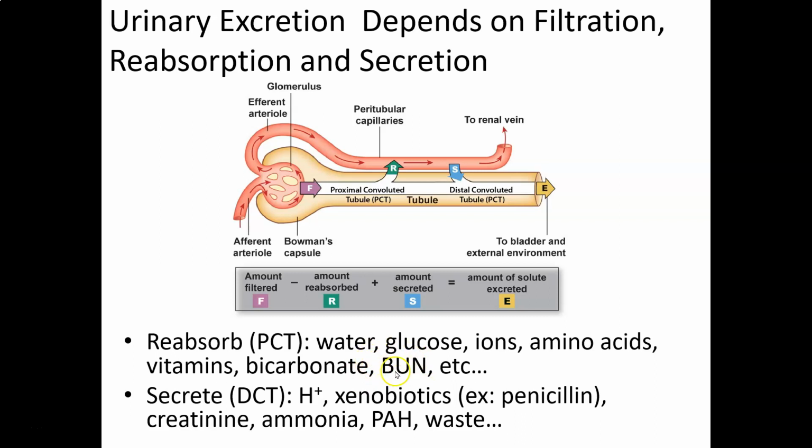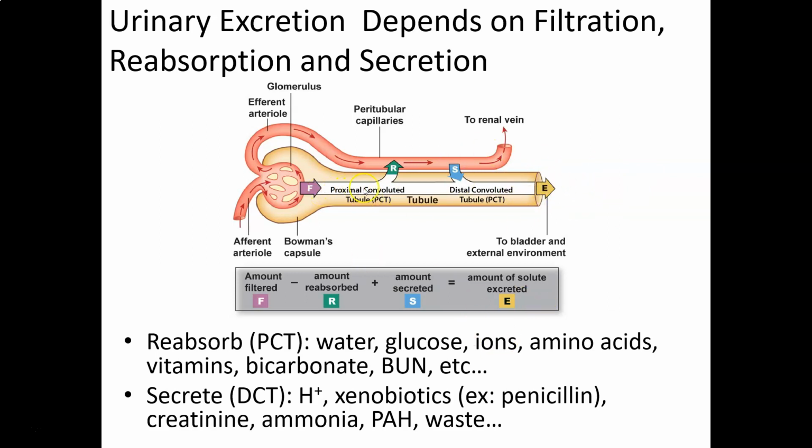We reabsorb BUN, blood urea nitrogen. We saw that in the calculations for clearance in the laboratory. And those are just some of the examples of substances that we reabsorb. And again, if we didn't reabsorb it, it would end up being excreted in the urine. So that's what that yellow E is here at the end of this tube.